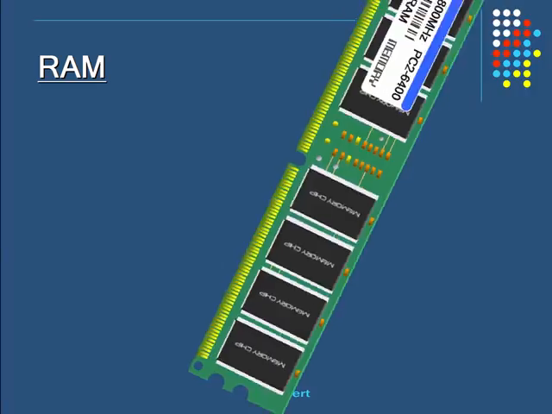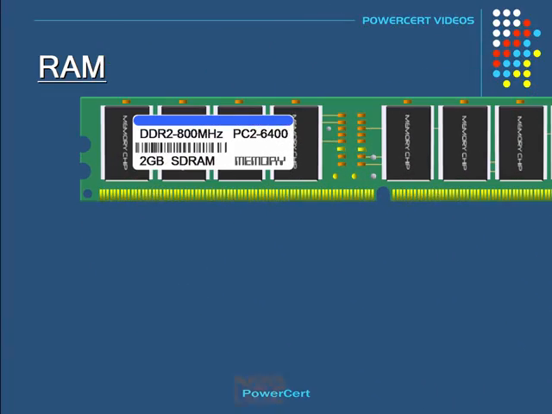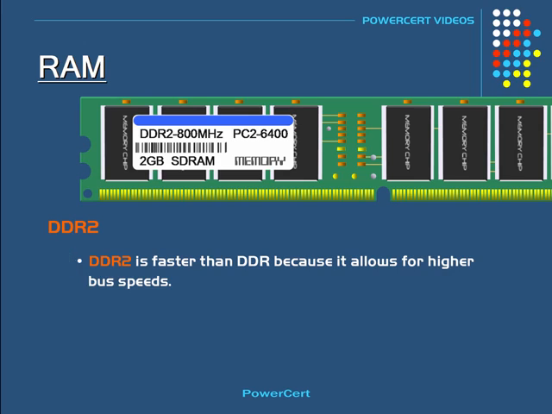A new technology that has succeeded DDR is DDR2. DDR2 is faster than DDR because it allows for higher bus speeds and effectively sends twice the amount of data than DDR. And it also uses less power than DDR. A DDR2 DIMM has 240 pins compared to DDR, which has 184 pins.